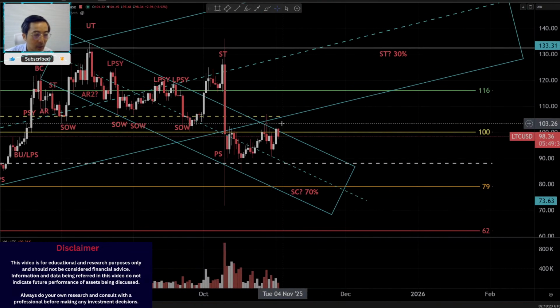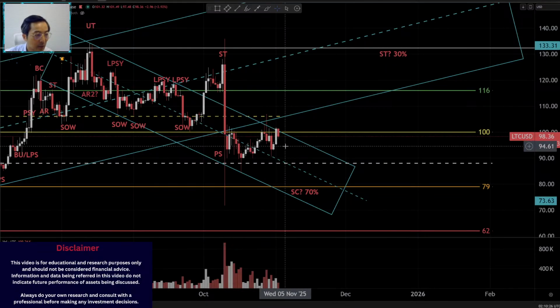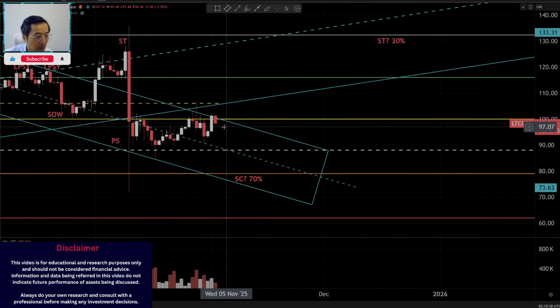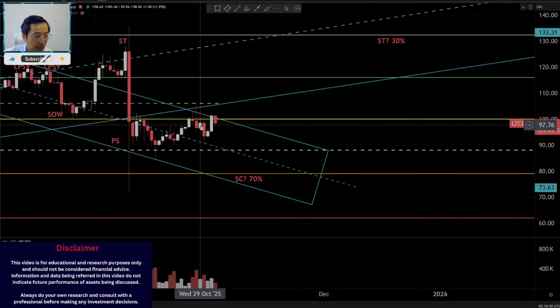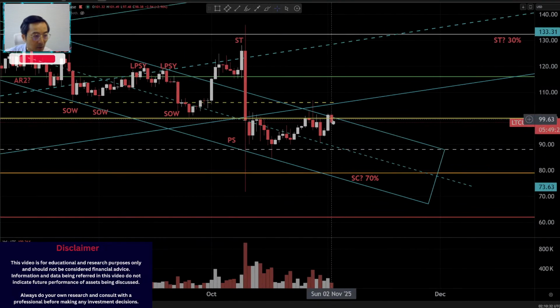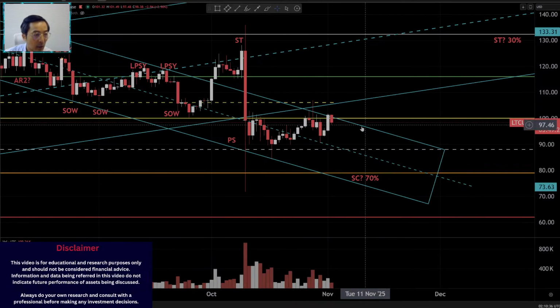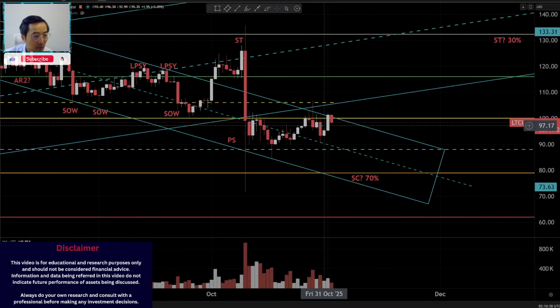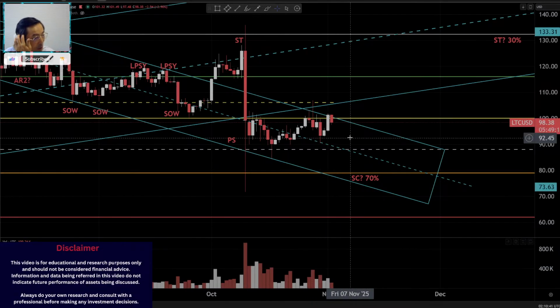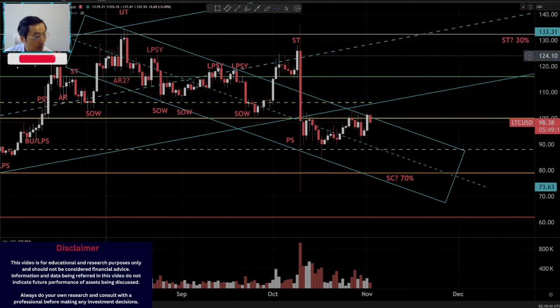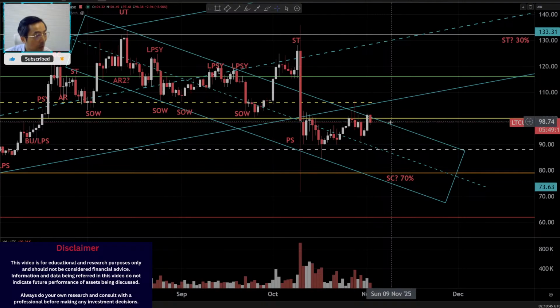So that's where the dual resistance is. So for the past 6-7 days, it has been doing the same thing, retesting these two levels. And today it got rejected back to within the downward channel box, this narrower box over here.